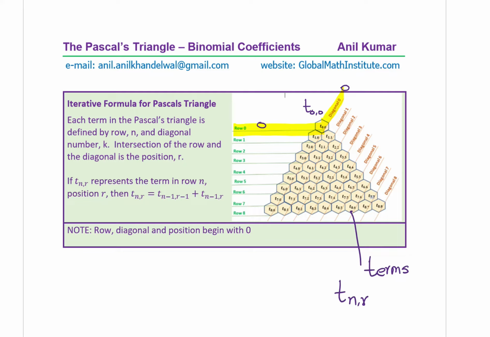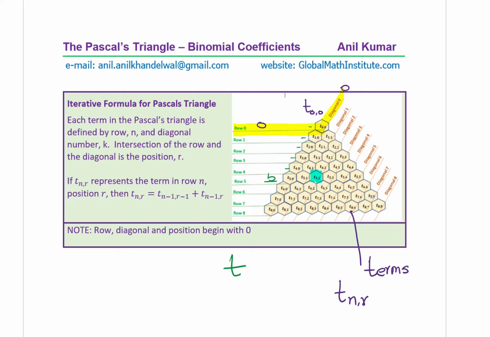So for example, let us keep some elements. Let me color this one. So this element will be what? We'll call this term, starting with 0, first we'll write T for it, correct? And now starting with 0, 0 row, 1, 2, 3, 4, and that is the fifth row, correct?